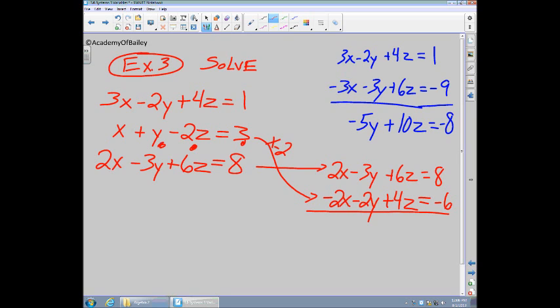X's cancel out, leaving us with negative 5y plus 10z and a positive 2. So there we go. So now we have our two equations.